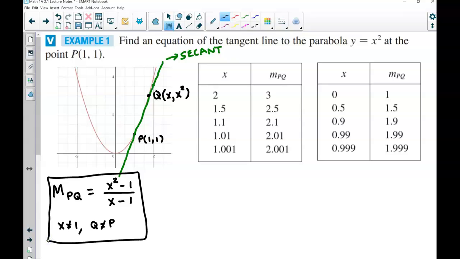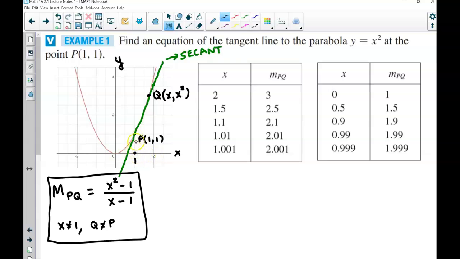Now if you notice here, this is where the value of 1 is located, and we have values between 0 and 2, but it keeps going, because this is our x-axis and this is our y-axis. Since we know the point is (1, 1), we want to figure out, from the left side, we're going from 0 to 1, and from the right side, we're going from 2 to 1.